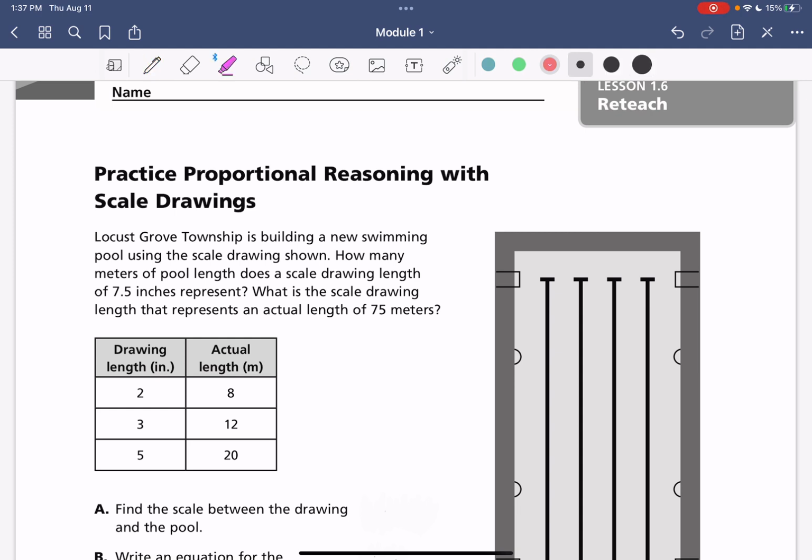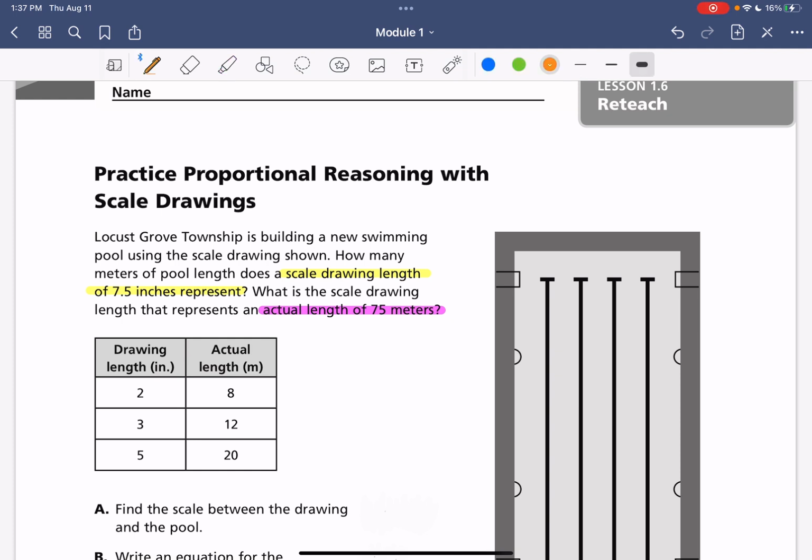So we actually have two different questions that we're trying to answer. The first one is wanting to find our scale drawing length of 7.5 inches. What does that represent? And then going to, from an actual length of 75, what is that in the scale?